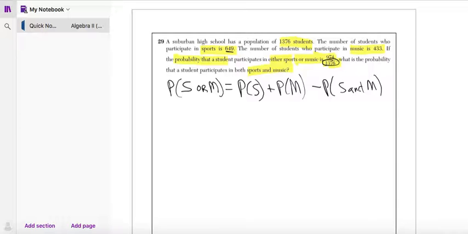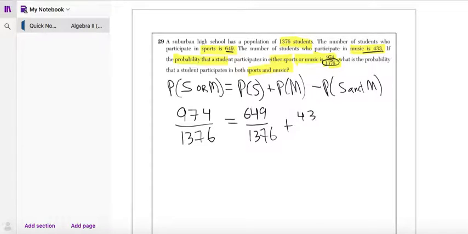So 974 students participate in sports or music, and the probability is 974 over 1376. The probability that they're in sports is 649 out of 1376. The probability of music is 433 out of 1376, and we just want the probability of S and M.